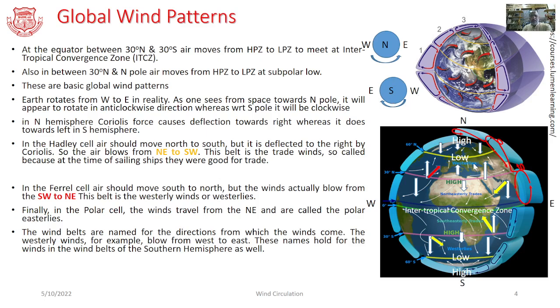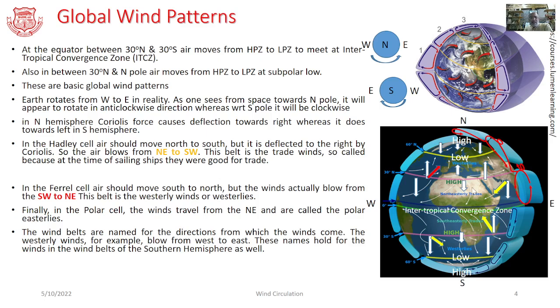In the northern hemisphere, Coriolis force causes deflection towards the right, whereas it causes deflection towards the left in the southern hemisphere. Already we have discussed this in detail.